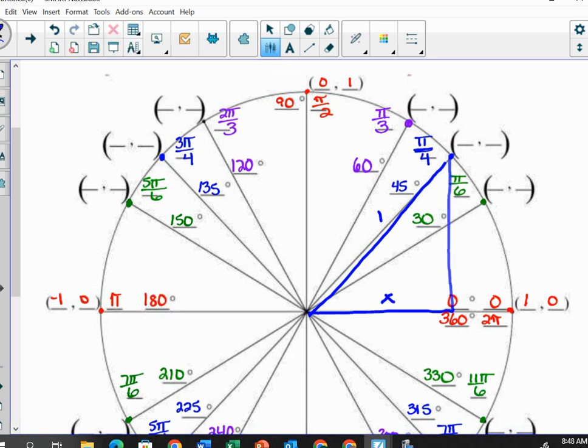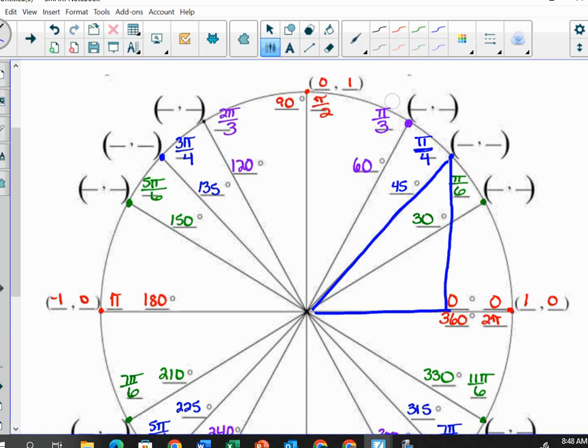This is your x side, this is your y side. How long are they? So each of those are root 2 over 2. So the ordered pair here is root 2 over 2, root 2 over 2. It's a 45, 45, 90 triangle with a hypotenuse of 1. Look in your notes.